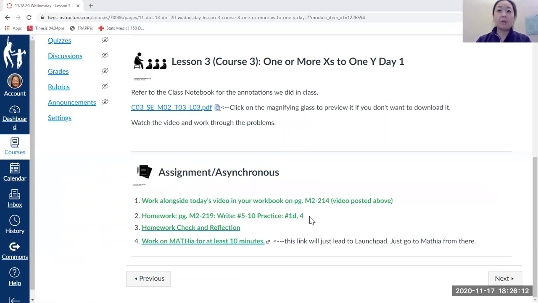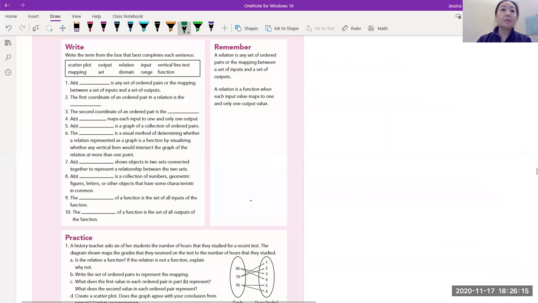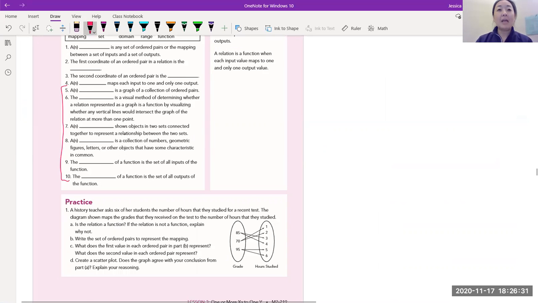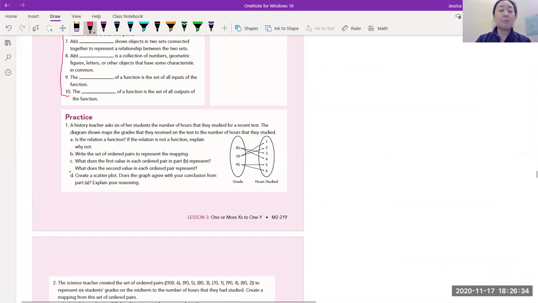So 1D and number 4. This is going to be your homework right now. So 5 through 10. If you want to copy down the whole problem, that might be helpful for you when you're taking a test, as a reference to these definitions. And then you're going to do this part right here, 1D.